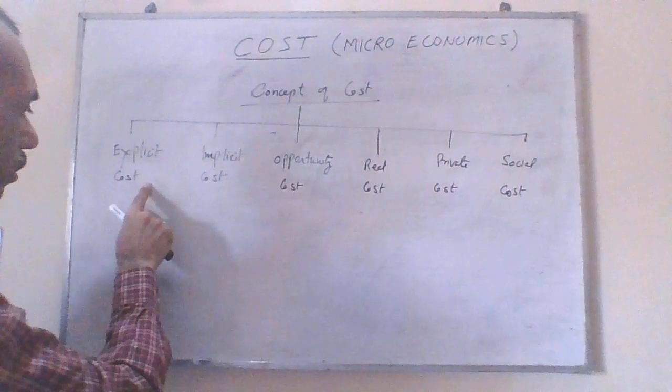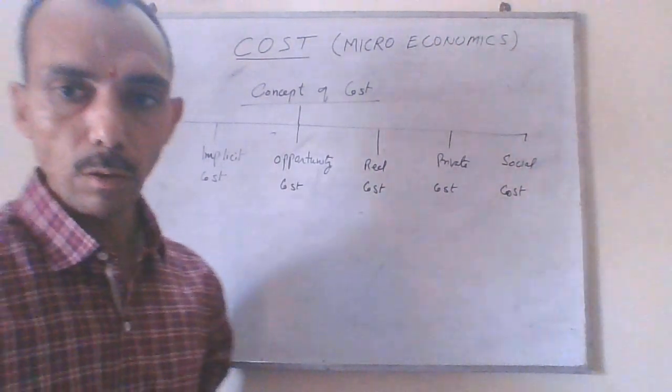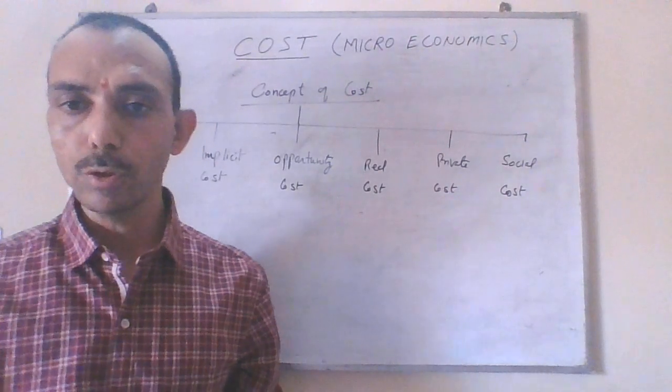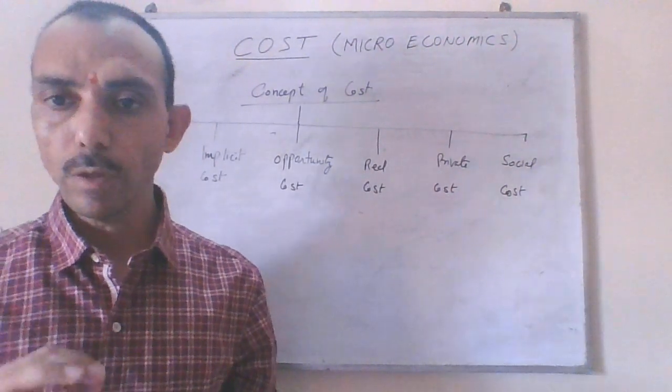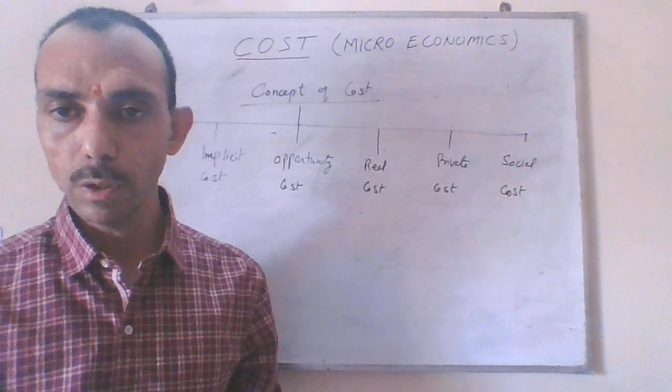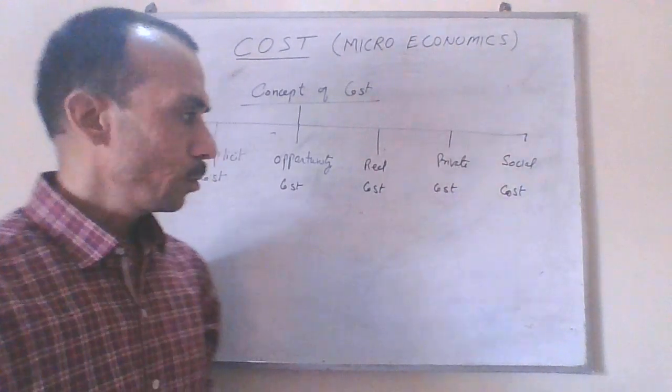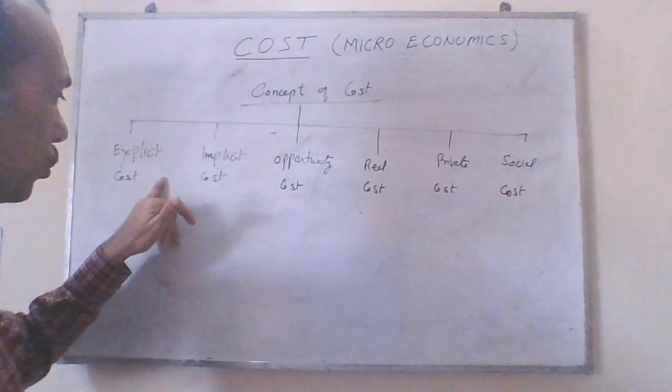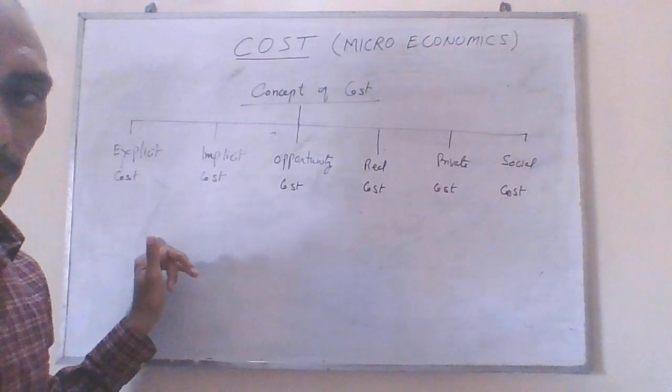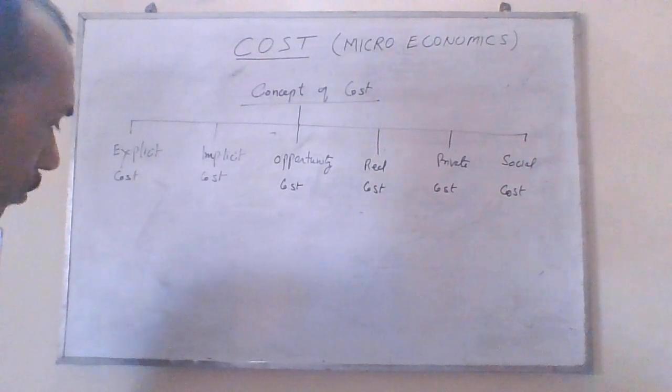What is explicit cost? Explicit cost is the cost paid by the producer to outsiders for hiring their factor services or goods. So whatever amount is paid to outsiders is known as explicit cost.